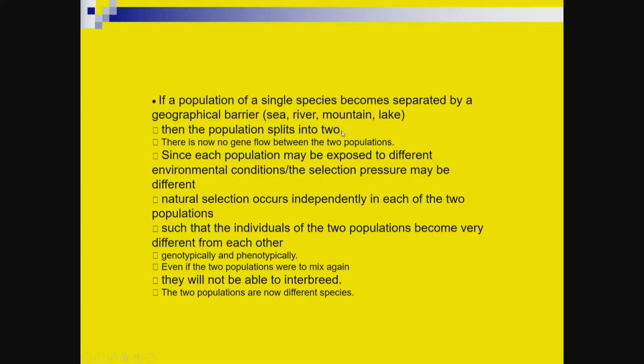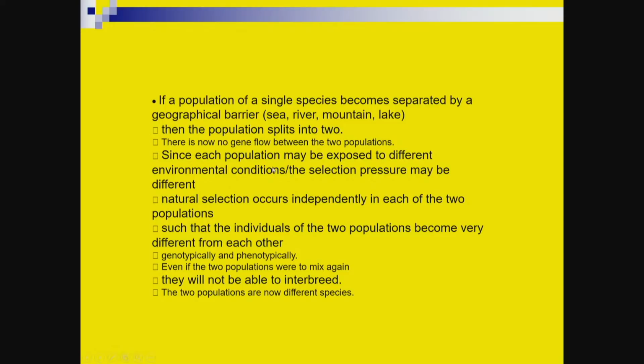State where it is divided. They are split into 2 populations on an island or on 2 different mountains, or whatever the example may be. After this I will come to an example so that you can see how we explain it.